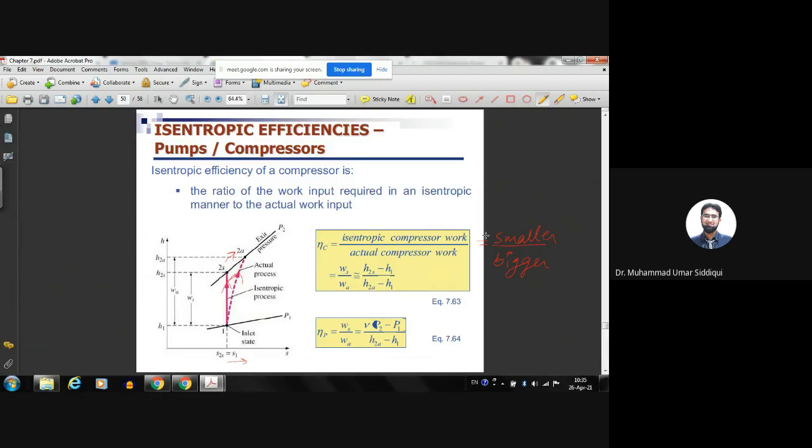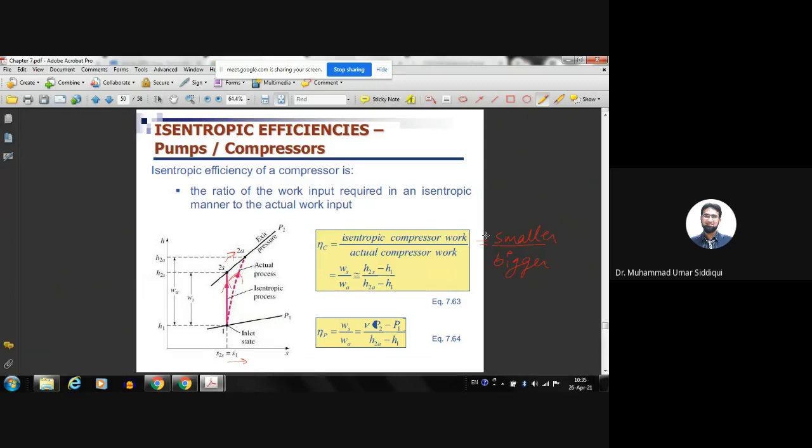Now let's have a think. Suppose I have a compressor, and that compressor is needed to increase the pressure of a fluid from P1 to P2. If the compressor is isentropic, it means there are no irreversibilities in the compressor. So what will happen?